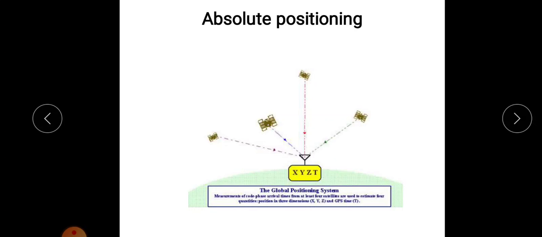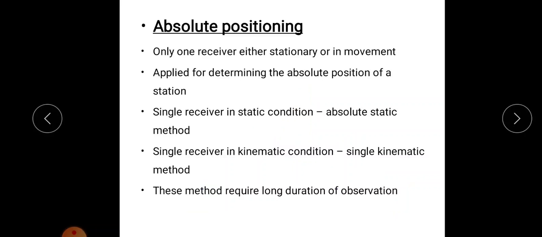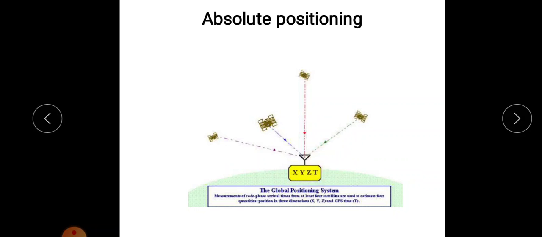Here there is only one receiver, placed over the point whose position is to be calculated. This receiver may be stationary or moving. If it is stationary, it is static, and if it is moving, it is known as kinematic. That's another classification we will discuss later.